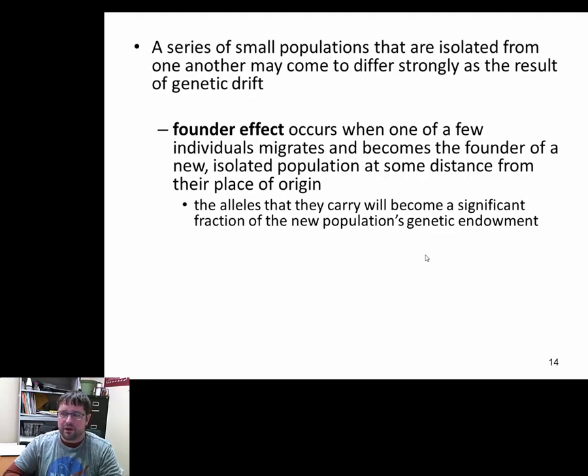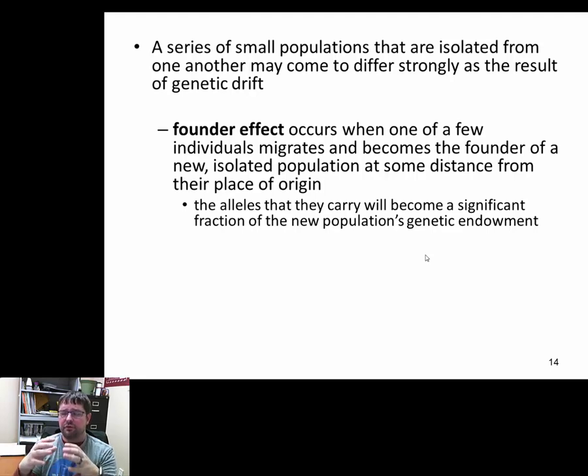And so there are a couple of ways in which this occurs fairly often. One is not really influenced too terribly much by humans, except for when we move species from one area to the next. But a lot of organisms will migrate to new regions regardless of the human effect. And that's called the founder effect.